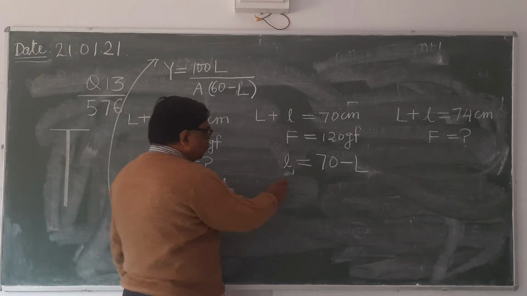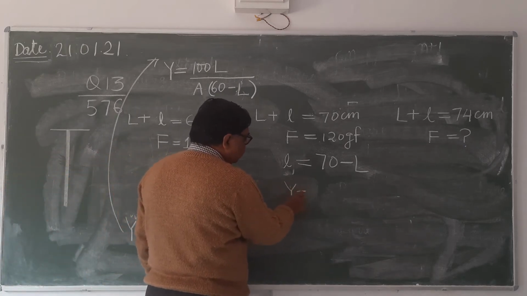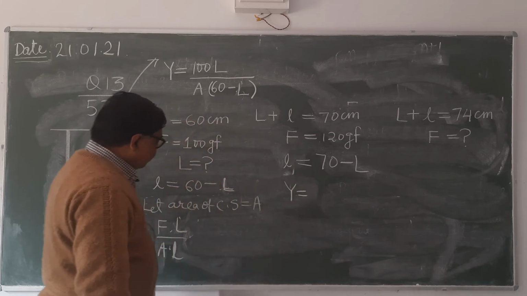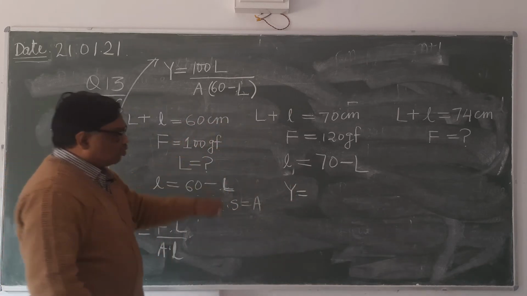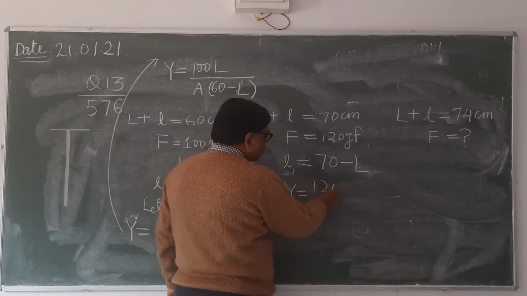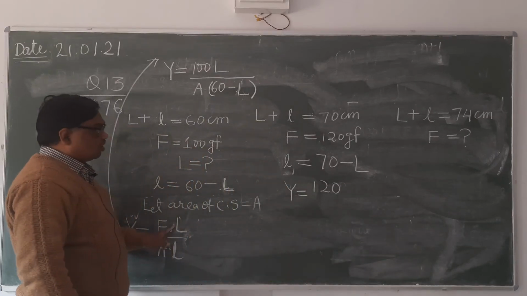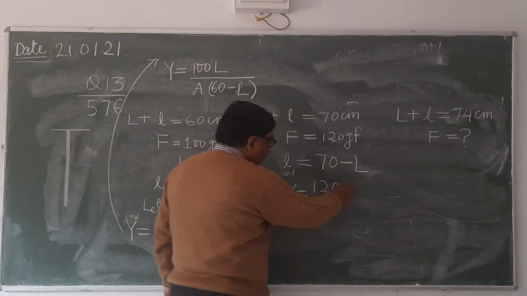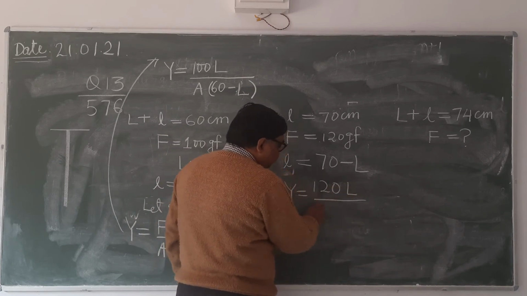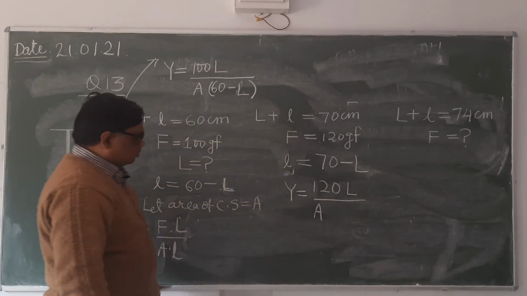What will be the value of Y from here? So F is what? 120. What is capital L? It is the original length, which is capital L. Area of cross section will remain unchanged. What is small l here?